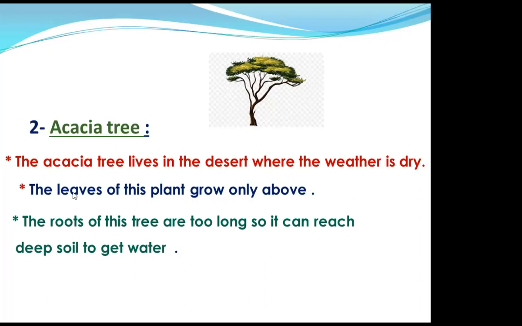The leaves of this plant grow only above the roots. The roots of this tree are too long, so it can reach deep soil to get water. Thank you very much, Salman, excellent.